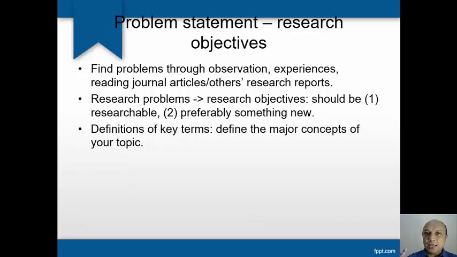So you cannot state a research objective which goes like this: what is the meaning of emoticon? Now, that is not a researchable question because you can simply look up the word emoticon in a dictionary or an encyclopedia and you'll have the answer without doing any research. And so it is obviously not a good research objective.